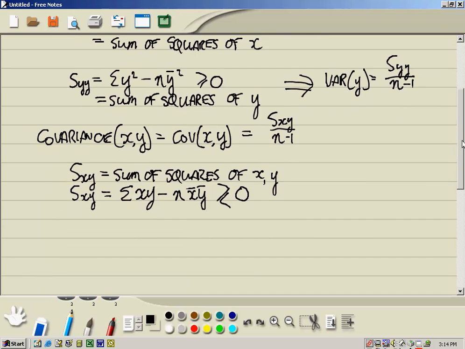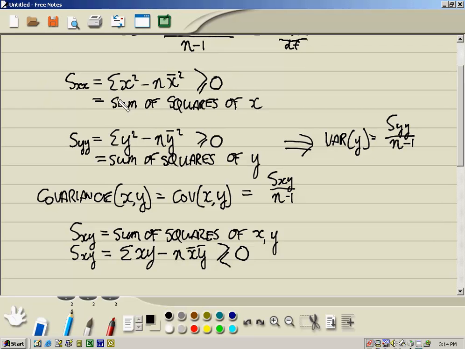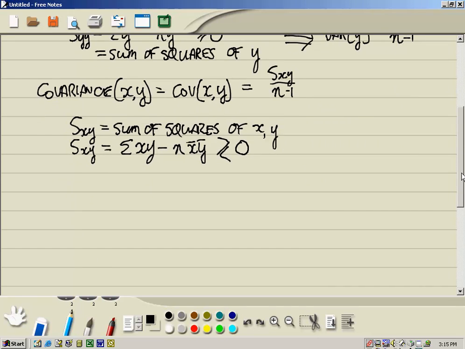Alright, and we've already seen this term before. We've used it in the beta hat 1 calculation, just like we've used the sum of squares of x in the beta hat 1 calculation. Okay, so right now let's rewrite the formula for beta hat 1, and we'll use that formula from here on out.